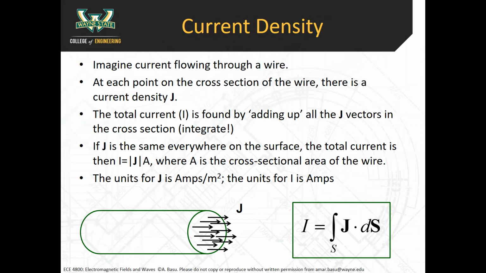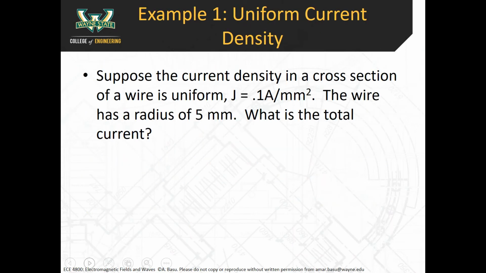And where you have really high current densities is where you build up hotspots. In semiconductors, this is very important. Wherever you have a really high current density, that's the part of the semiconductor that can actually burn out, because you're generating a lot of heat in that area. We'll talk about joule heating in a little bit.